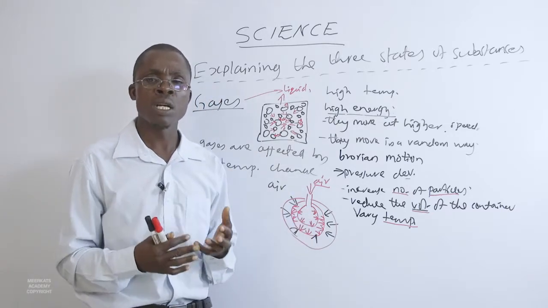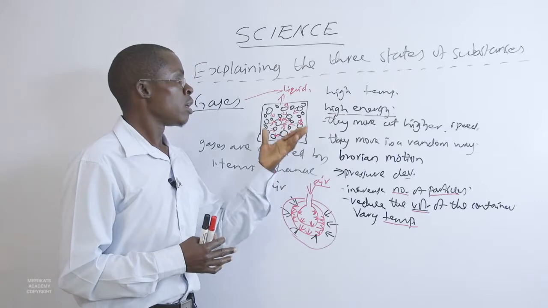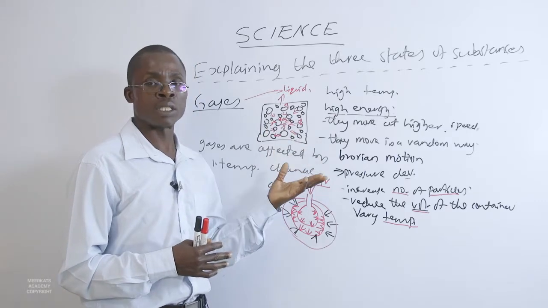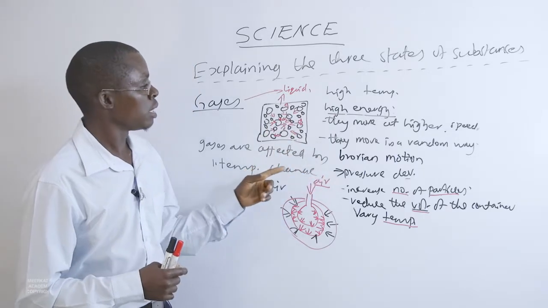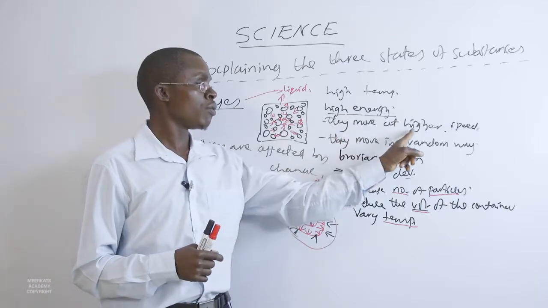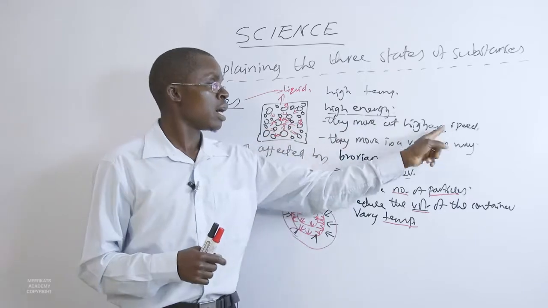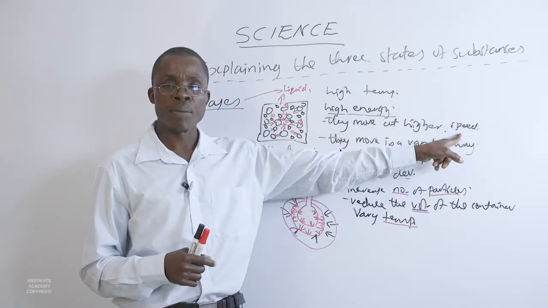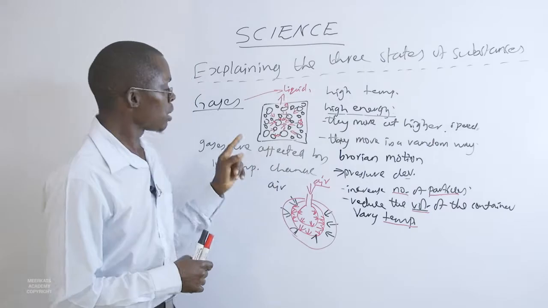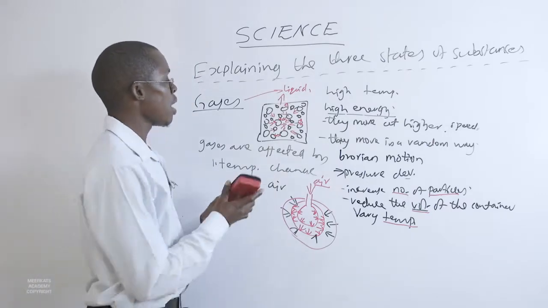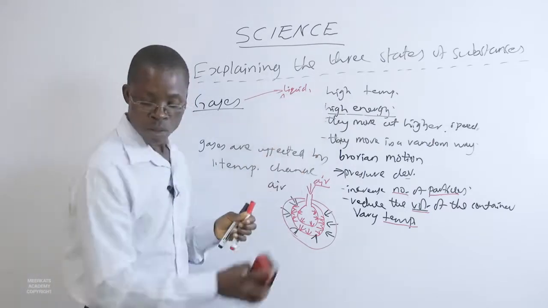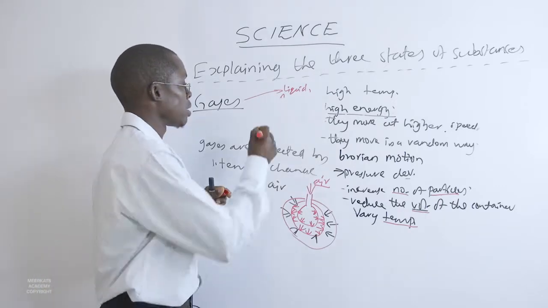Then how do you explain diffusion of gases using the properties of a gas? The answer is in the movement of the particles. Movement of particles in a gas is at a higher speed. And again, particles in a gas are far apart from one another.